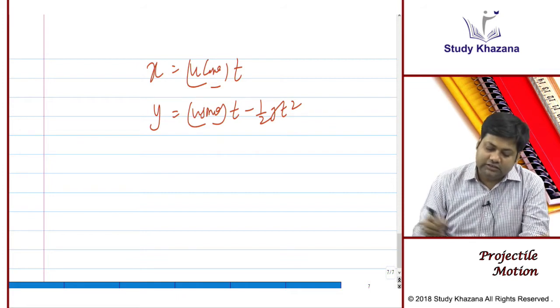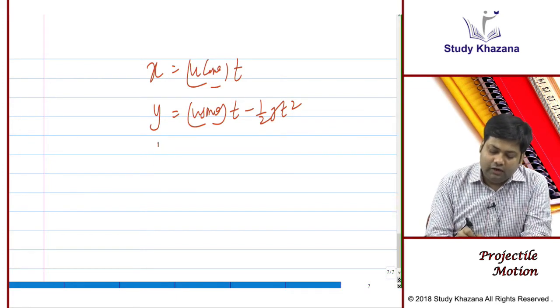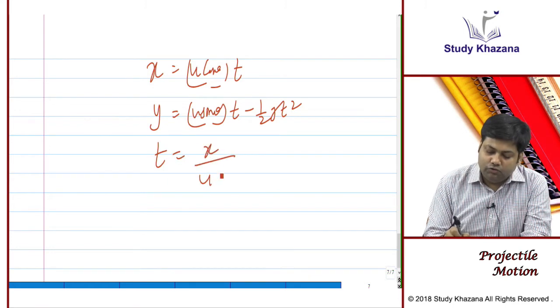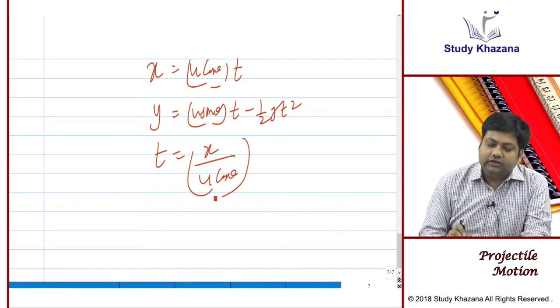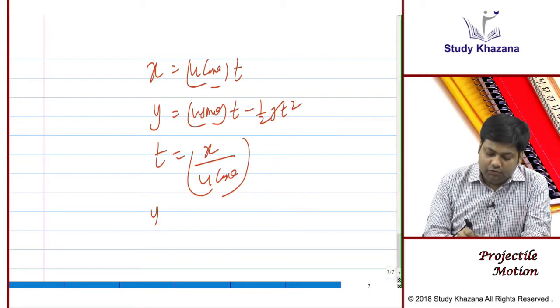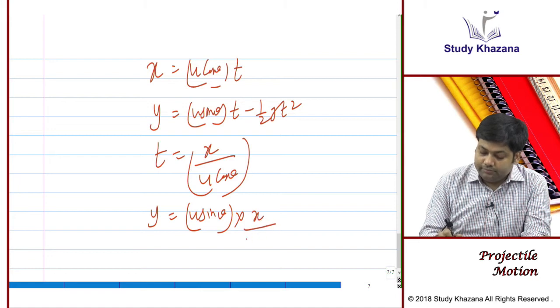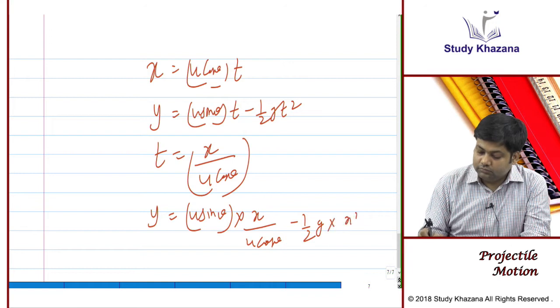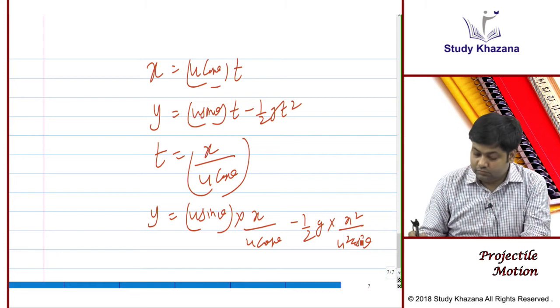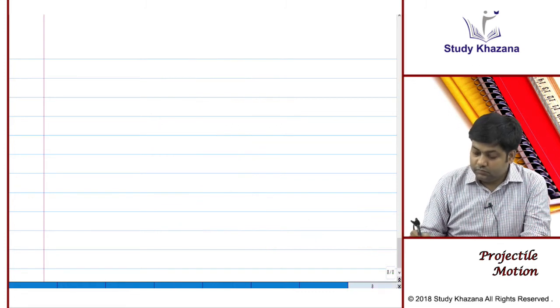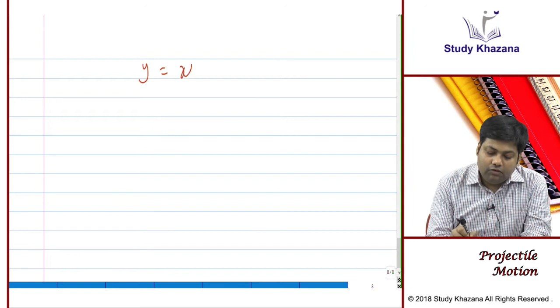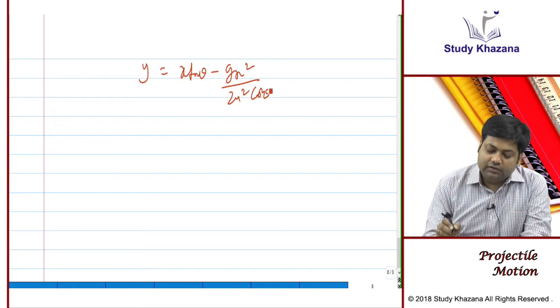So we will establish this, and for this we will get the value of t as x upon u cos theta, which we can get from the horizontal equation. Now putting this value into the vertical equation, we get y equal to x tan theta minus gx square by 2u square cos square theta.